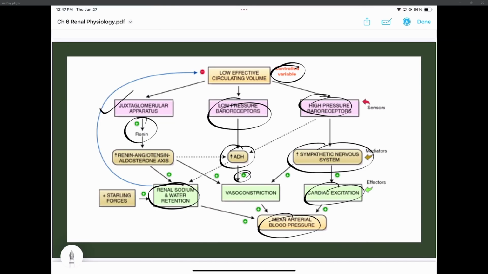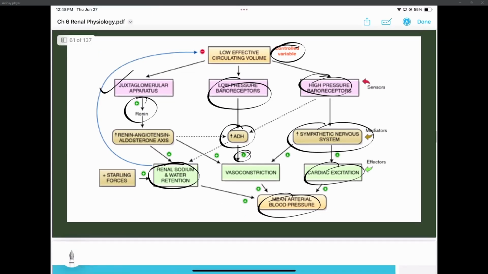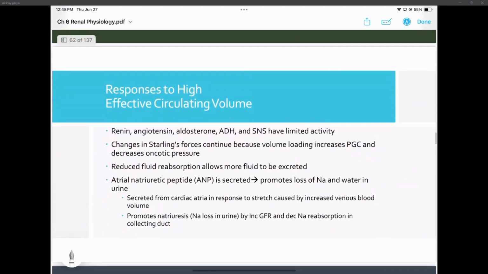Alpha 1s. Norepinephrine has an affinity for alphas, which are in the vasculature. Remember, beta 1s are in the heart, beta 2s are in the lungs. One heart, two lungs. The alphas are in the periphery. So this is what happens with low effective circulating volume. A great review slide. If you understand this, you understand the mechanisms of what our body will do with low volume.